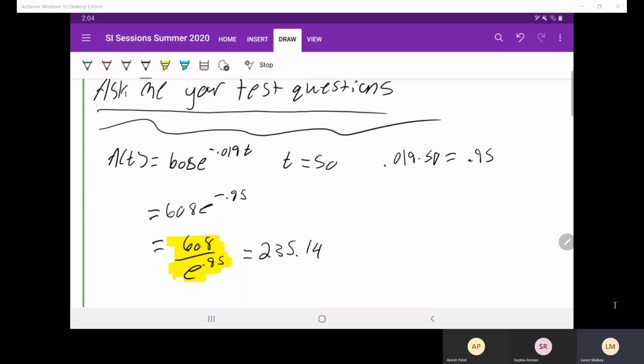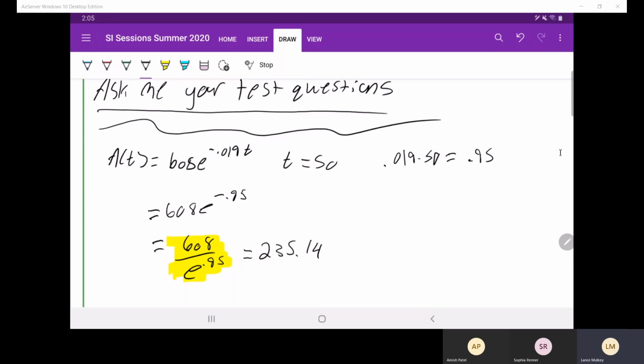As far as you can get is 608 divided by e to the 0.95. Let me look at the group chat. All right. Now, if you know what e to the one is, you'd be able to do the calculations.